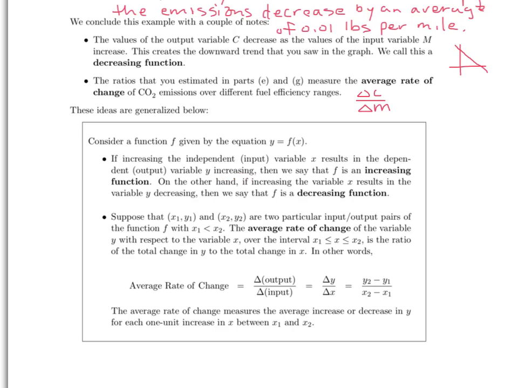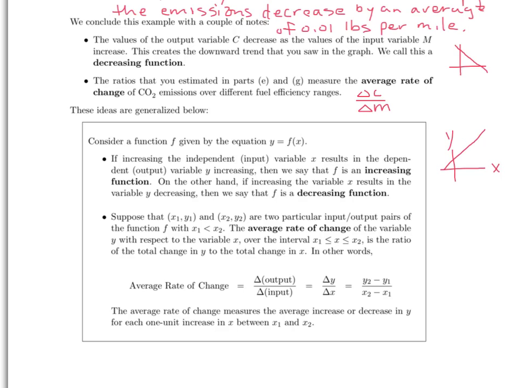So let me show you a picture of this. Imagine you have your X and your Y, your input and your output. If increasing X causes your output to go up, that's going to give you a trend that generally looks like this. That's what an increasing function will look like.